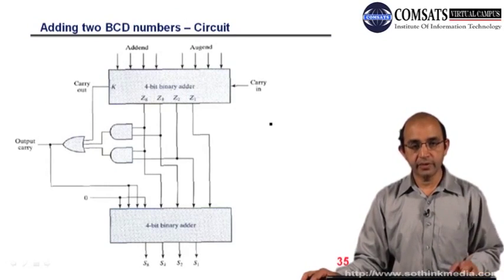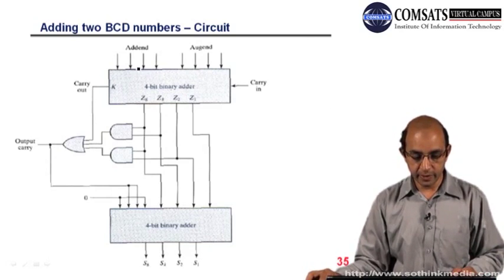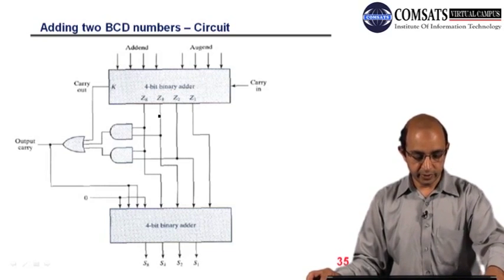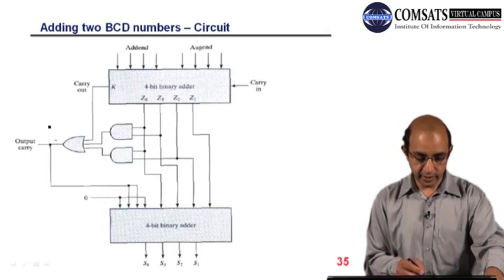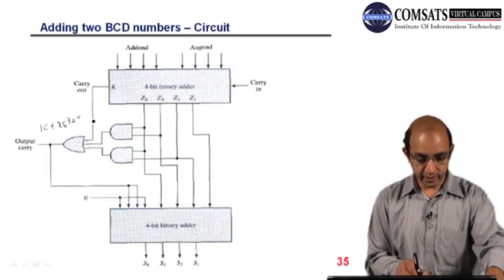So here is the circuitry for the addition of two binary numbers. You can see that we have two binary numbers, and we have to add them. This is the K carry. So we have K plus Z8 Z4 plus Z8 Z2.